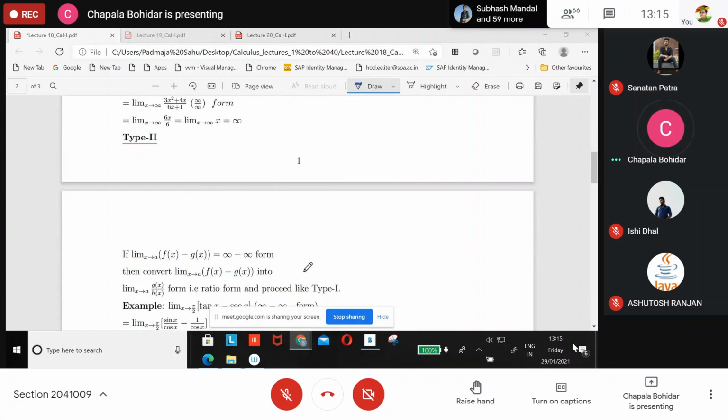Write down. Limit x tends to pi by 2, tan x minus sec x.